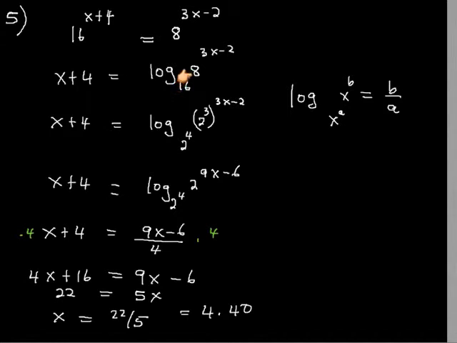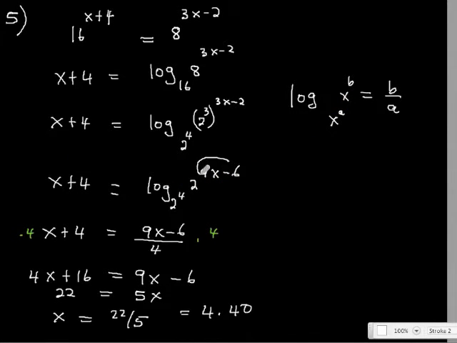I turned 16 and 8 to the same base number. 2 was convenient. 2 to the power 4 is 16. 2 to the power 3 is 8. And before I applied my rule, I wanted to simplify my exponents here. So that's how I got log base 2 to the power 4 of 2 to the power 3 times 3x minus 2, which is 9x minus 6. And then you can apply this rule here.